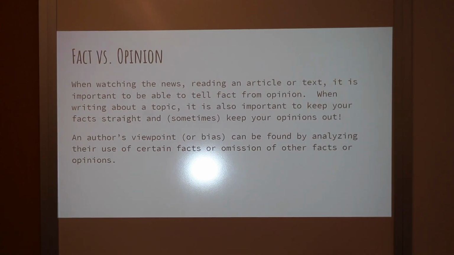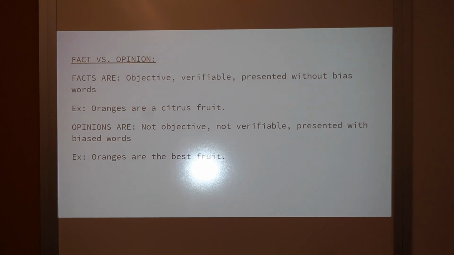Fact versus opinion is also important when determining bias in a news article or in a textbook. When watching the news, reading an article or text, it's important to be able to tell fact from opinion. When you write about a topic, it is also important to keep your facts straight and sometimes keep your opinions out. An author's viewpoint or bias can be found by analyzing their use of certain facts or omission of other facts or opinions.